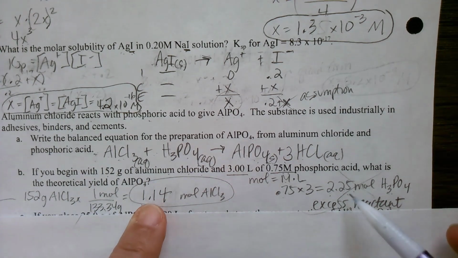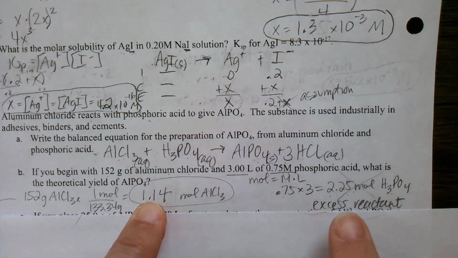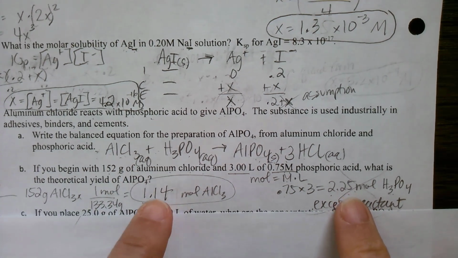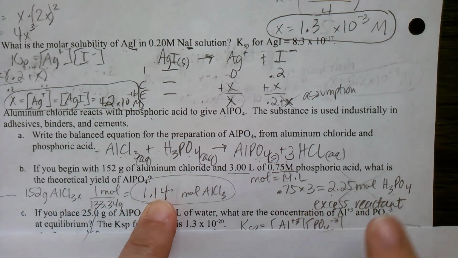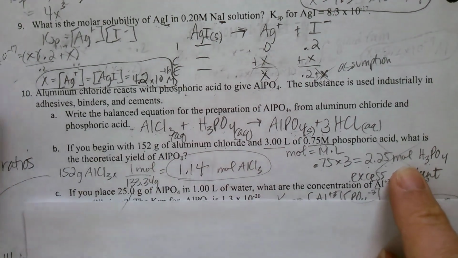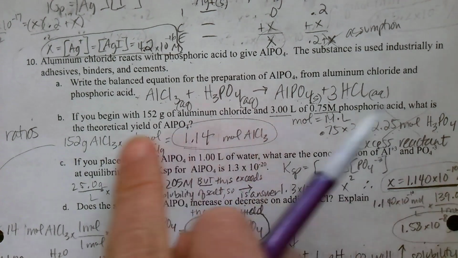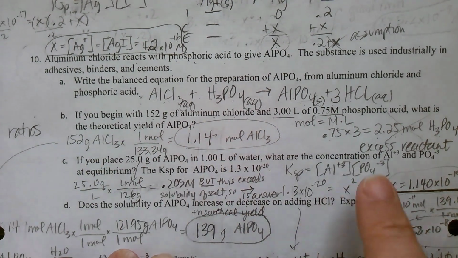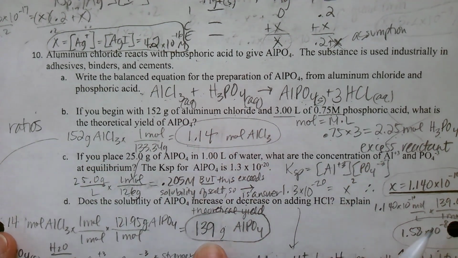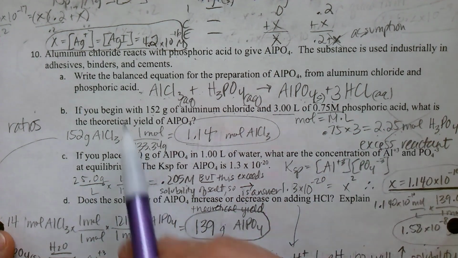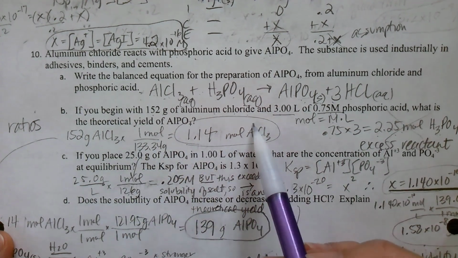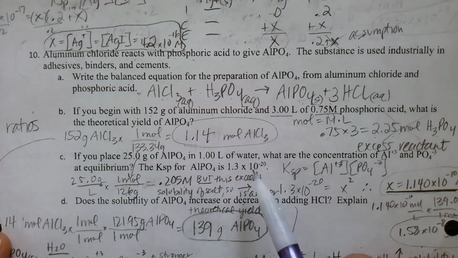So can I create 1.14 moles of product or 2.25 moles of product? This is my limiting reactant, right? This would be my excess reactant. Now, I didn't need to go one step further. I could say I would end up with 1.14 moles of AlPO4.